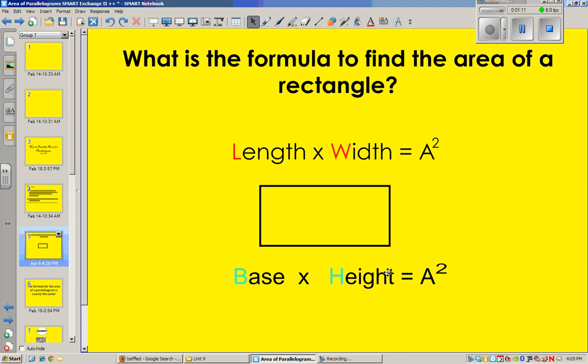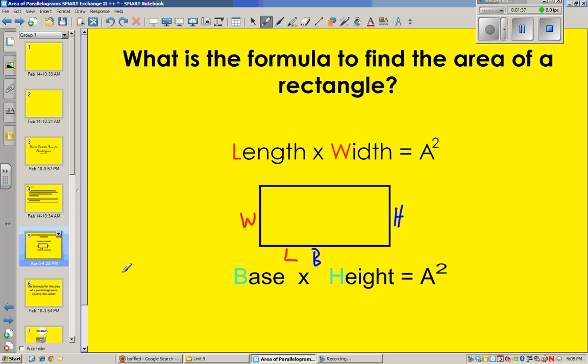And when we're talking about length and width, length is usually the longer side, width the shorter. And when we talk about base, the base is usually the side on the bottom, and the height is the side that is going vertically. Base usually is horizontal, height vertical.